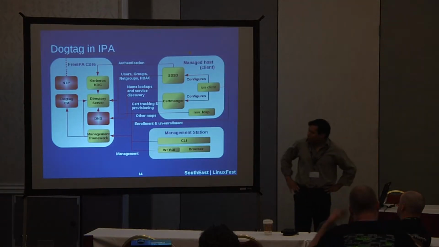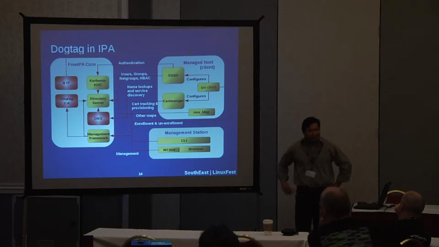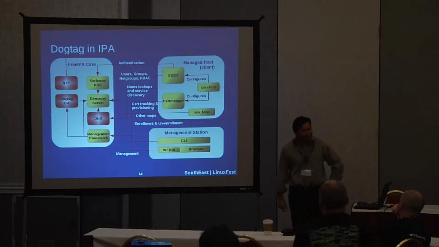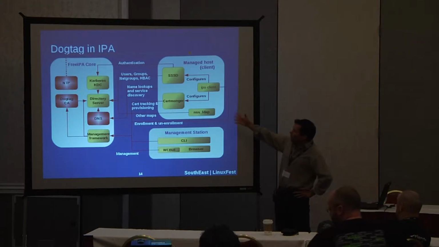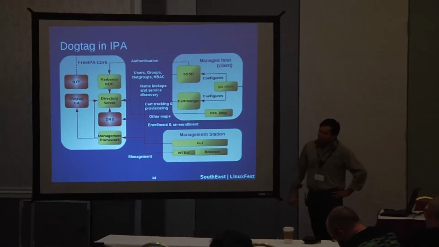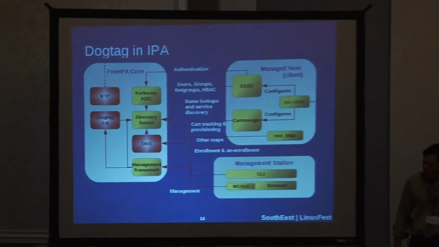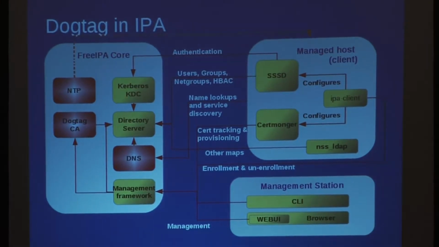Just as a quick mention, if you're more interested in IPA, Dimitri over there is going to be giving a talk next after mine about IPA. Essentially IPA is Identity, Policy, Audit. I guess it would be Red Hat's answer to Active Directory.